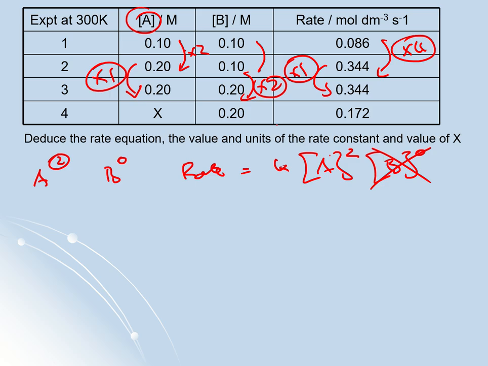So we'll go experiment 4 back to experiment 3. I'm going to sub in the relative changes of the concentration and the rate. From 3 to 4, the rate has gone up by a double. So I'm going to put 2 in there for rate. And K is a constant, so I can leave that out.